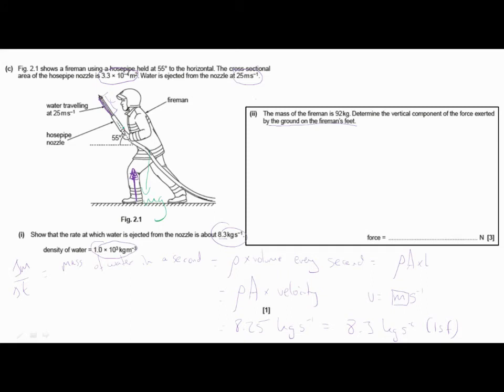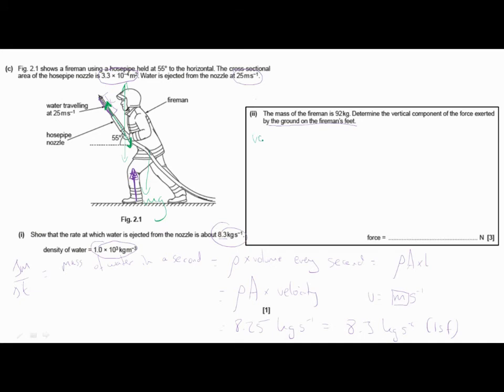So there is obviously a force of the fireman this way, and the reaction force this way, because the water is exerting a force backwards and the fireman has to exert a force forwards to keep it stationary. So therefore there is this vertical component as well.